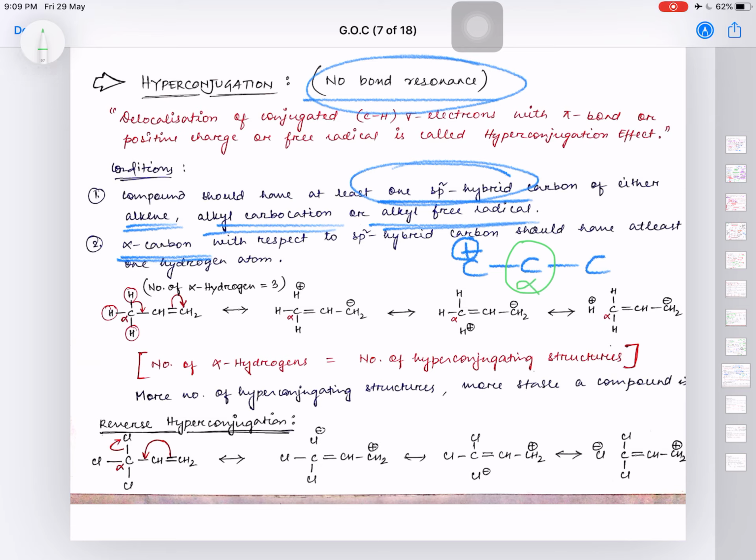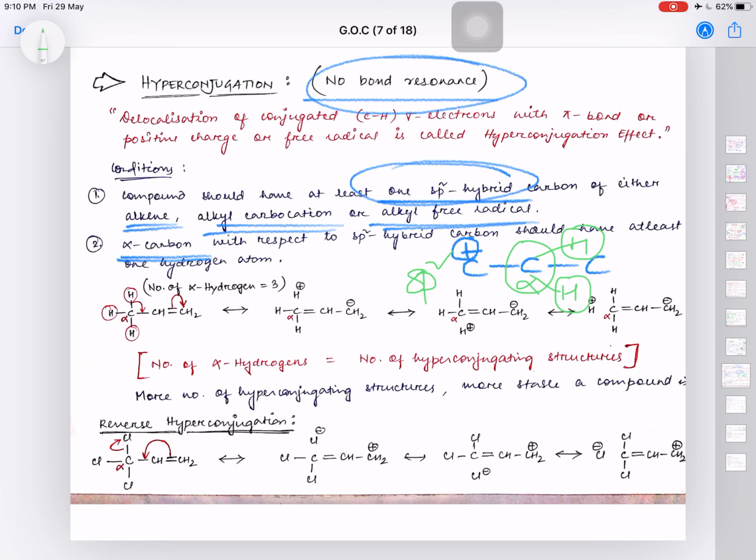The alpha carbon is the carbon adjacent to the sp2 hybridized carbon, and the hydrogens connected to this carbon are called your alpha hydrogens. If alpha hydrogens are present, then only hyperconjugation will be possible.